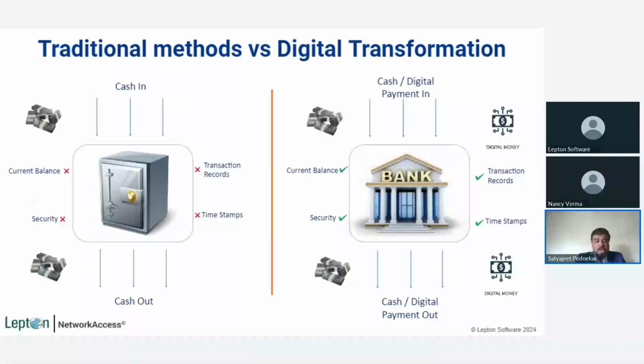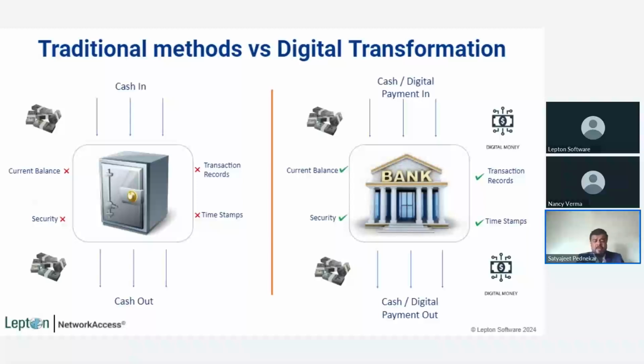You can simply download at any point of time the transaction records of your bank account. And then there is a timestamp. Security is the highest concern which the bank provides to all its customers. So all in all, this is the evolution of the banking system or the payment system.